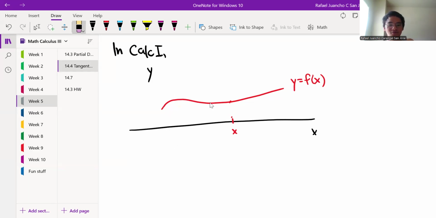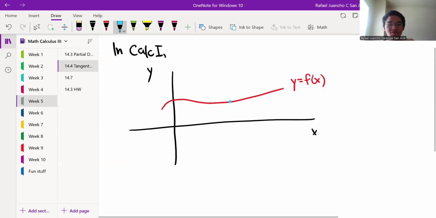How do we take its derivative at a particular point, right? Well, when we're taking a derivative, we specify some point. So at that point, we have a line, right? So we have some line that tells us what is the rate of change, or how fast we are going, if we want to contextualize this problem.